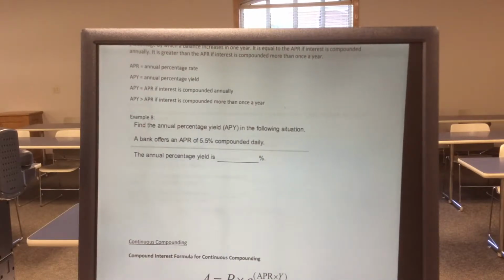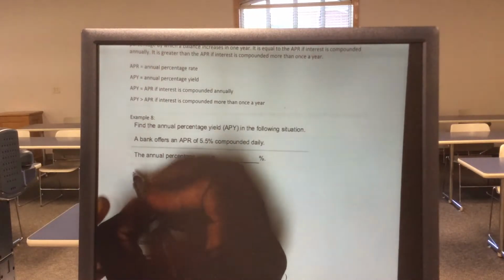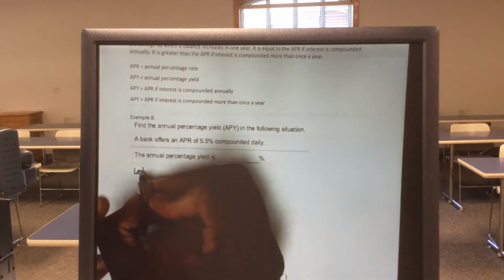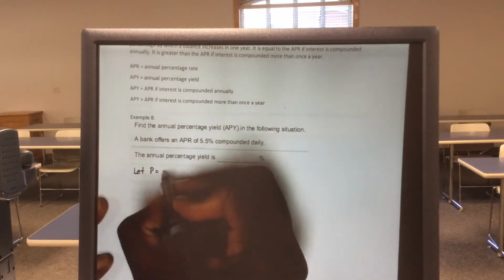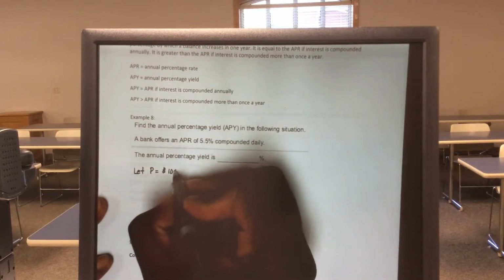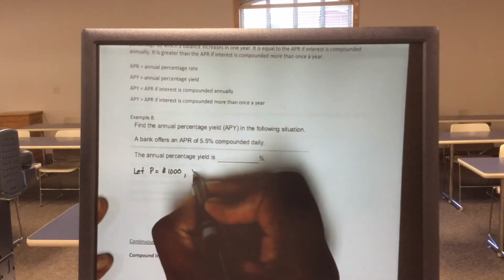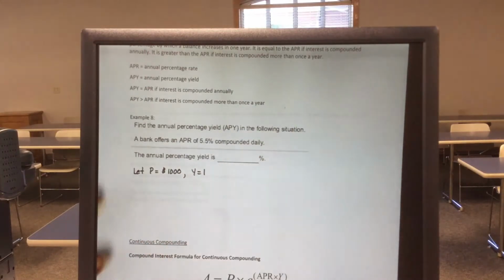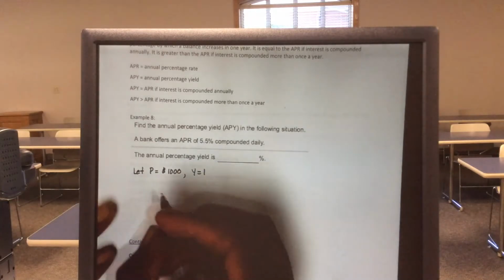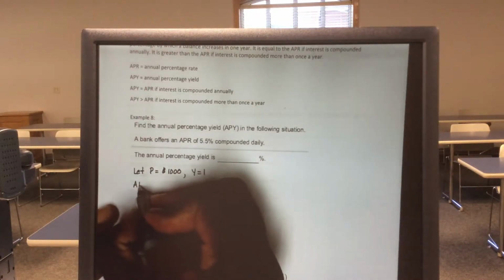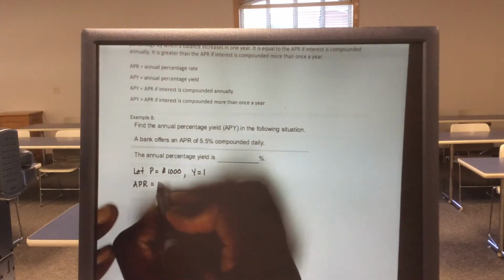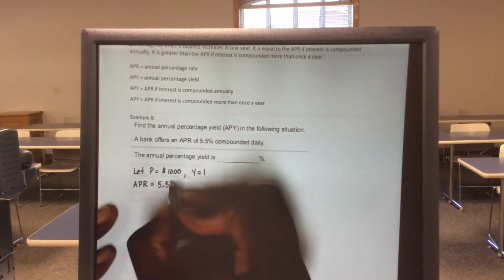Okay, so now, this is what I'm going to do here. I want to let P equal to $1,000. And the Y is going to be 1. Okay? Because we're going to deal with just that first year. So Y is equal to 1. You're given the APR of 5.5%.